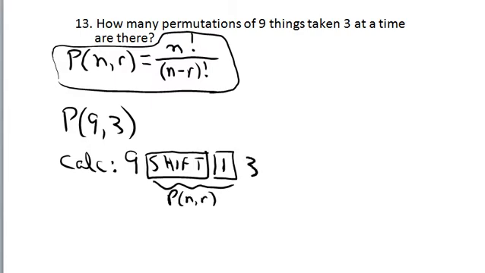And then you put the bottom number from the permutation in there and you hit equal. If you do that, you will end up with an answer of 504. And if you do it using the formula, you will still get 504. Let's do one more.